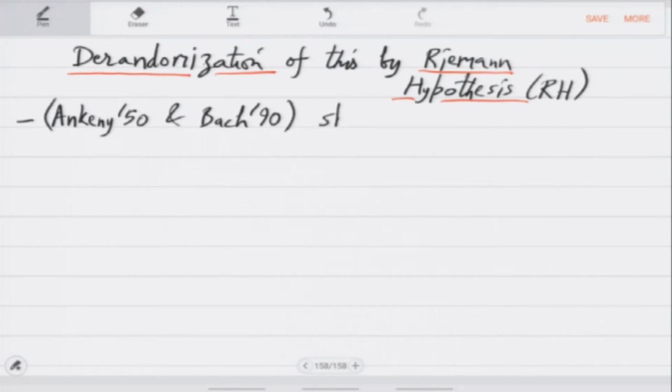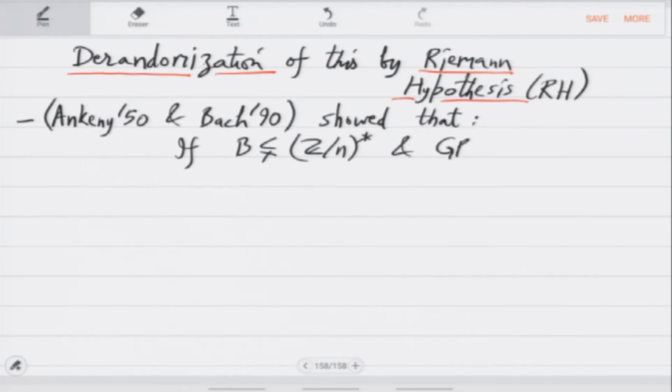So in the end, what you get is, they showed that if B is a proper subgroup of Zn star, like we had defined B to be the bad A's, and we showed that it's a proper subgroup, and a generalized version of Riemann hypothesis holds, GRH holds, then there exists a small a.